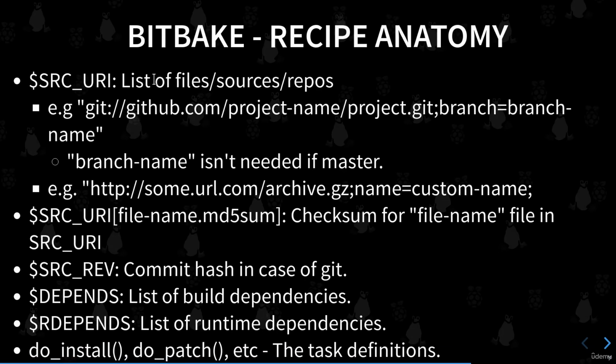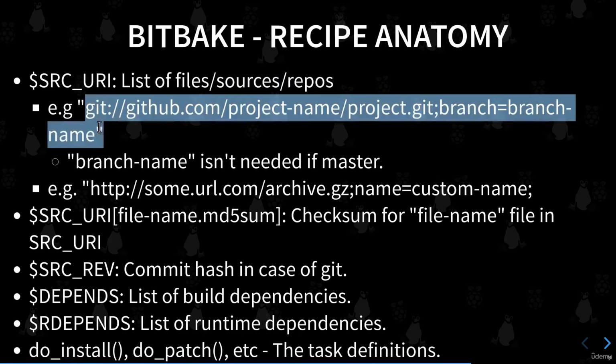So these are the variables that you'll normally find inside a package. You have the SRC_URI, which is a list of files or patches or the sources or the repos of the package, the recipe that you're building. As an example, this is a git URI. For the git URI, you can specify the branch, which isn't needed if you're using master.